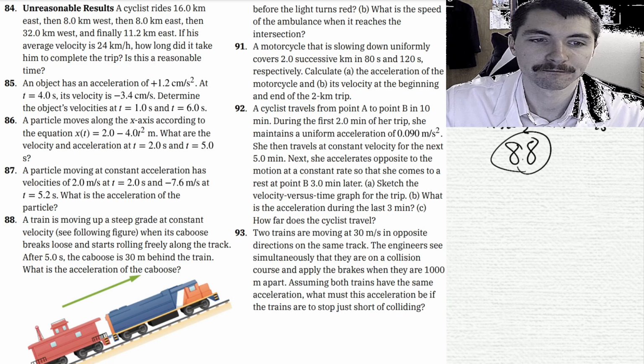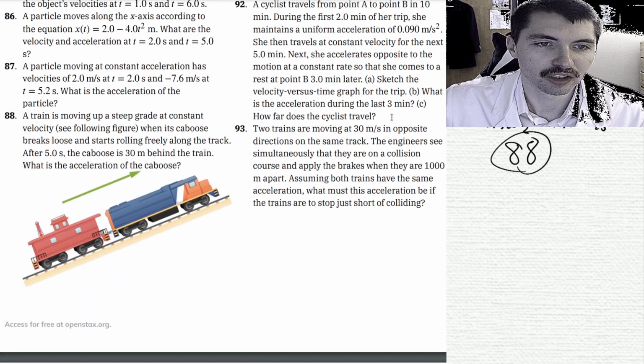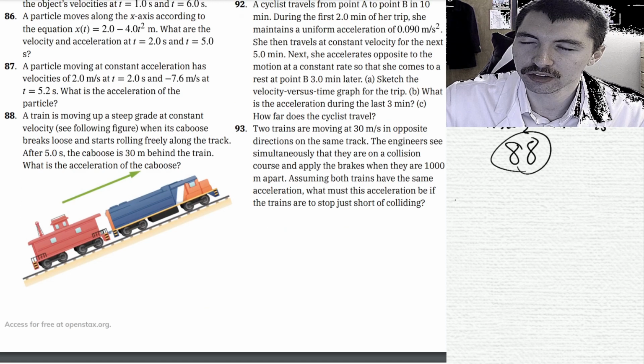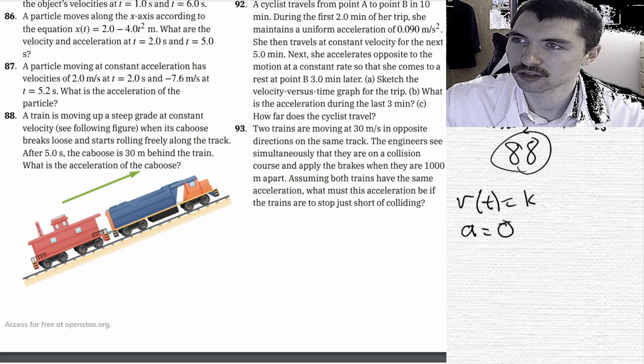88. A train is moving up a steep grade. So velocity is constant. So that means acceleration is 0. Now how do I know that?